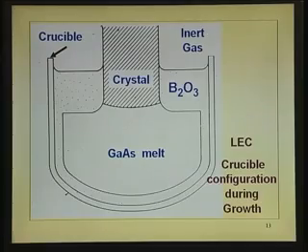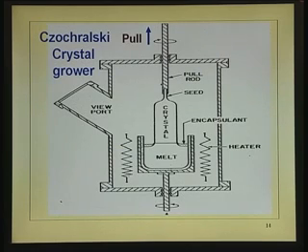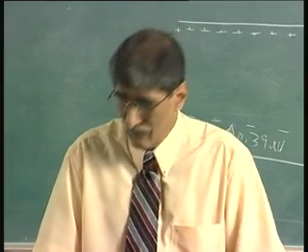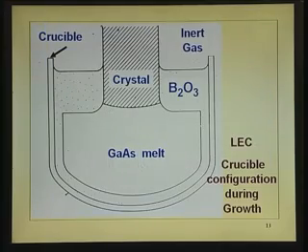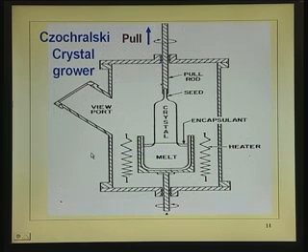Now, this is just for fun I put it, because this is a crystal puller. That portion that is here is the crucible, this is the melt, you can see it clearly, and this is the crystal which is being pulled, and it is rotated and pulled. Rotation and pull speed govern your diameter.